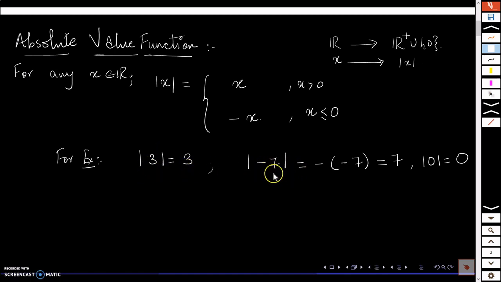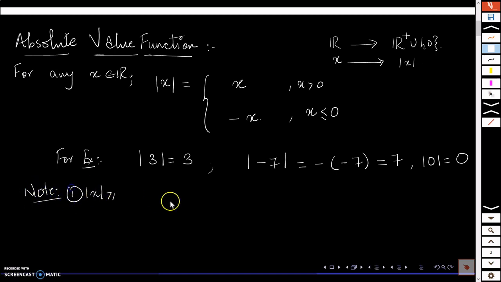If I take any negative real number, its absolute value is again positive. And if I take 0, it is 0. So this tells us that no matter what real number x you pick up, the absolute value of x can never be negative. It is defined in such a way that it is always greater than or equal to 0.